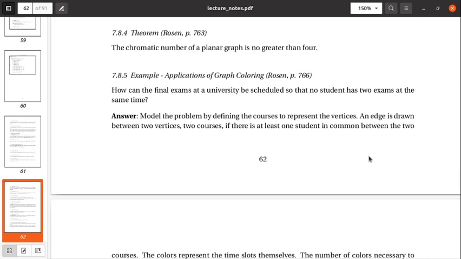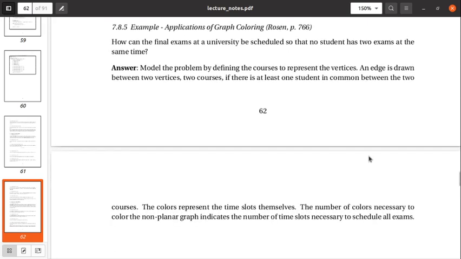But I think its greatest point of interest is this idea that you can go back and forth between something that takes up space in terms of regions, like counties on a map, and map it to something constructed of points and edges, like the logical graphs that we've been discussing, the data type of a graph. So I think that's cooler than the theorem, but the theorem on its own is an interesting result.